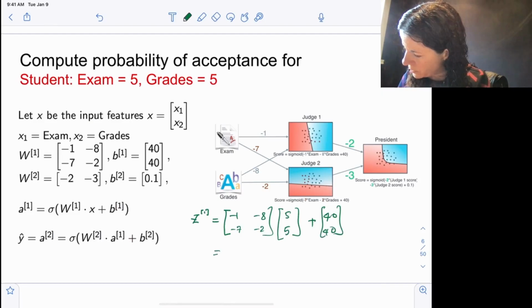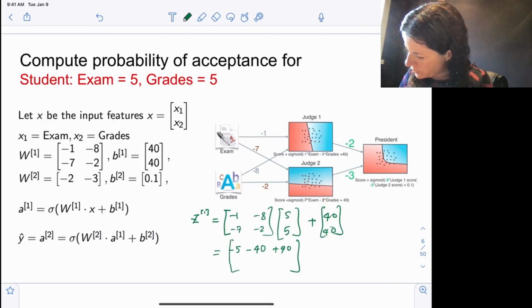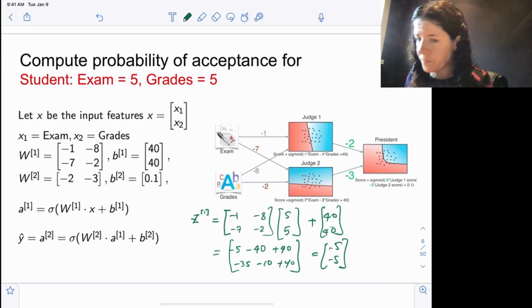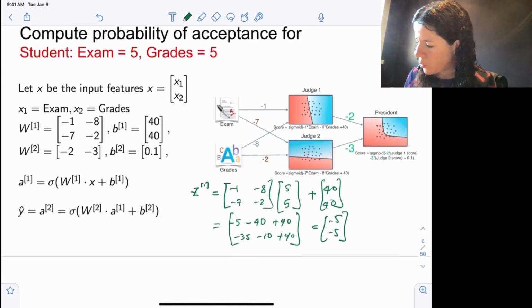So this is equal to minus 5 minus 40 plus 40 in a vector. Here it is minus 35 minus 10 plus 40, and this is equal to minus 5 and minus 5. That will be Z1.